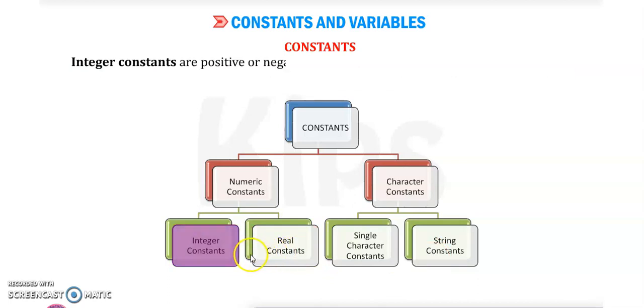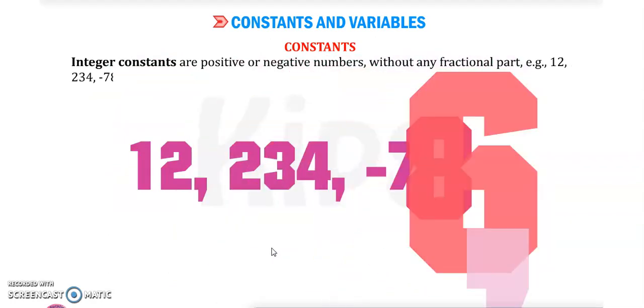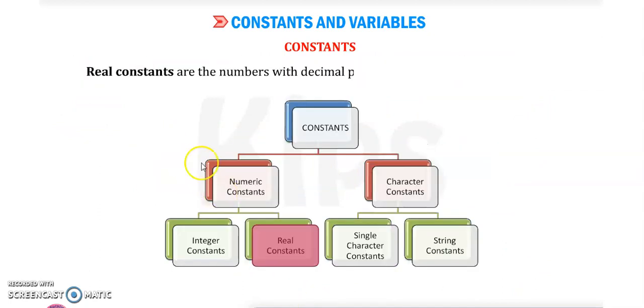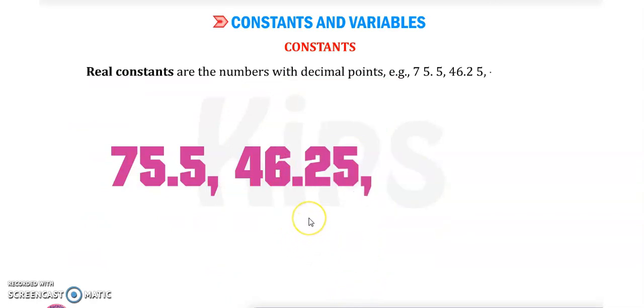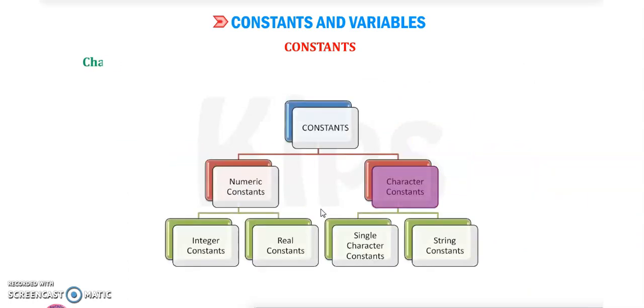What are integer constants? These are positive or negative numbers without any fractional part, like 12, 234, minus 786, etc. And real constants are numbers with decimal points like 75.5, 46.25, minus 26.89, etc.